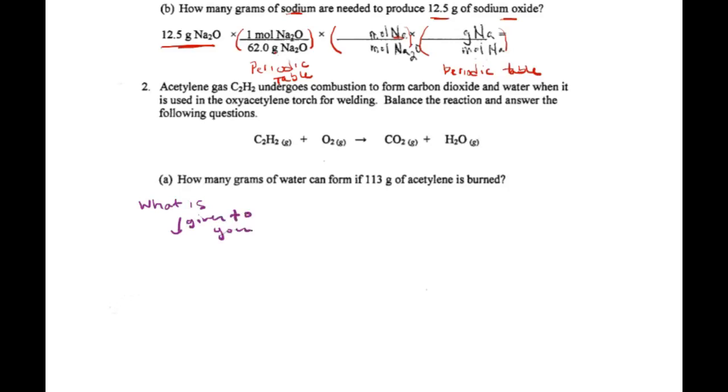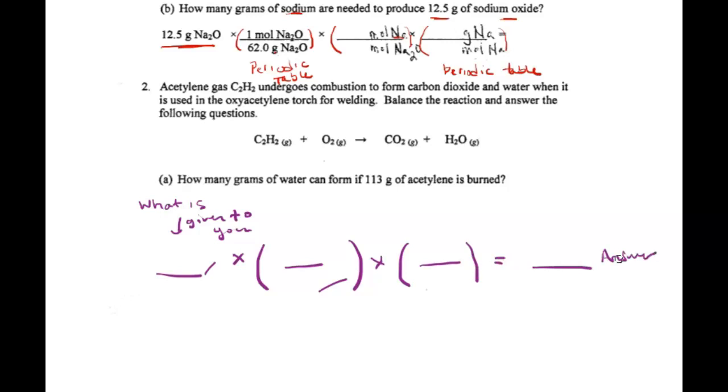And then you're going to have some conversion factors. You might have 1 or 2 conversion factors in order to cancel out the units to get to where you want to be, which is the answer in whatever units it's in.